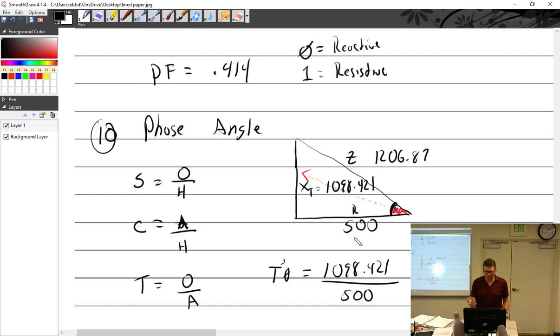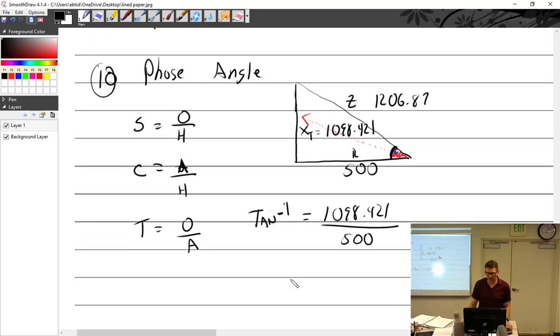So back here we decided to use tangent, which was 1098. But it's the arc tangent, the inverse tangent, which is tan minus 1. We decided to do tan minus 1 because it's the arc tangent.